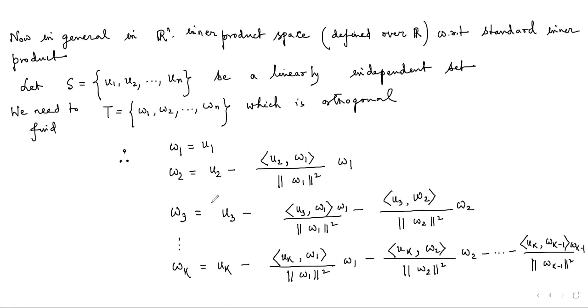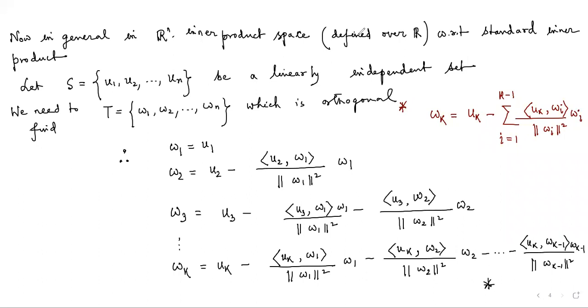And if I try to write it in short form, Wk is equal to Uk minus the summation over i from 1 to k minus 1 of the inner product of Uk and Wi divided by norm of Wi square, multiplied by Wi.